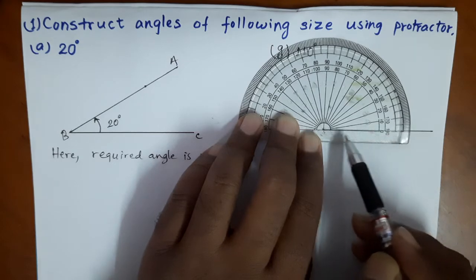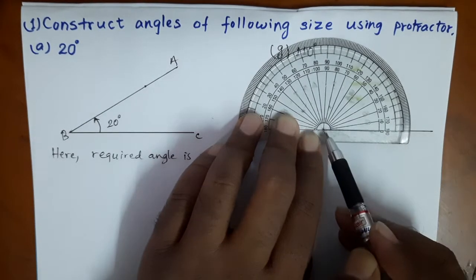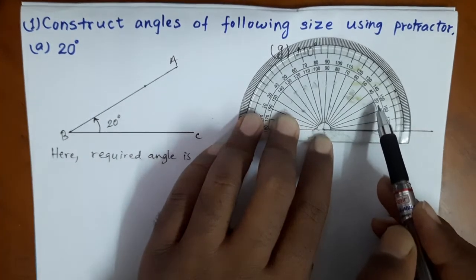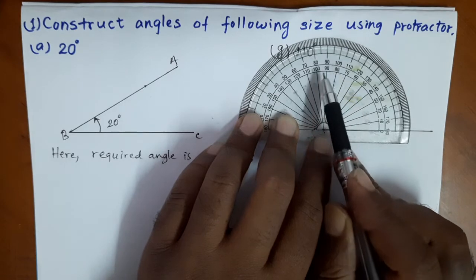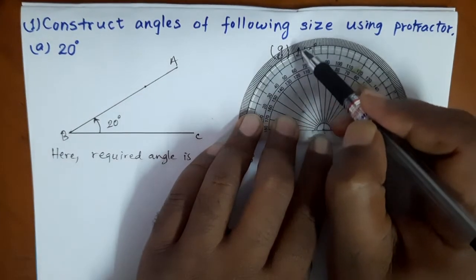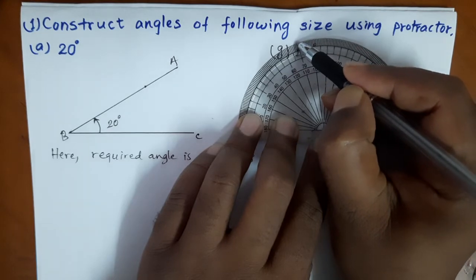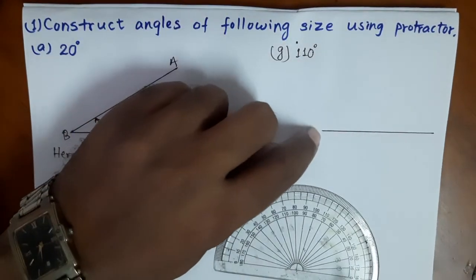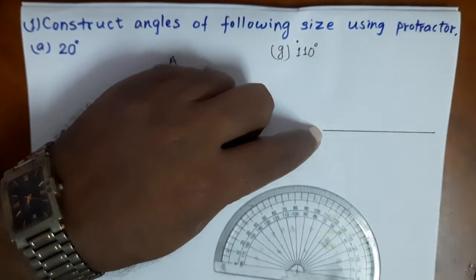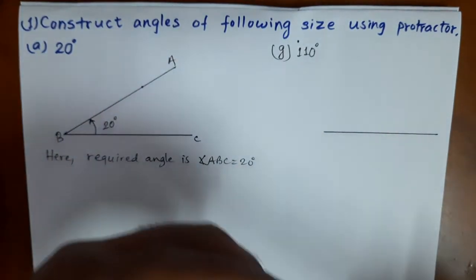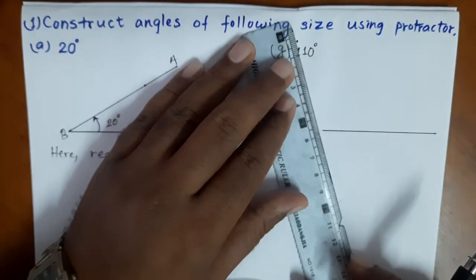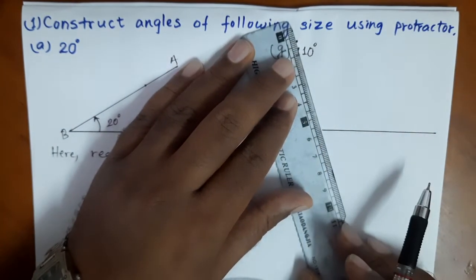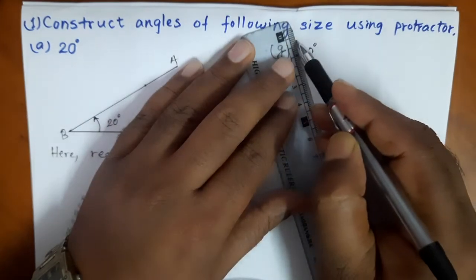Our line segment is on the right side from the center, so from the right side you should start from 0: 0, 10, 20, 30, 40, 50, 60, 70, 80, 90, 100, 110 is here. Just above 110 you mark one point, and you join that point with the end point of the line segment using a ruler. I am joining this point with the end point of the line segment this way.